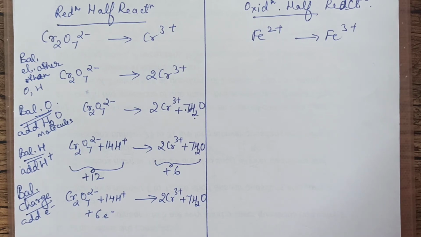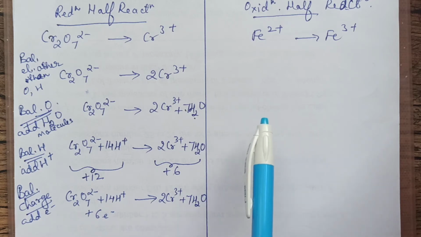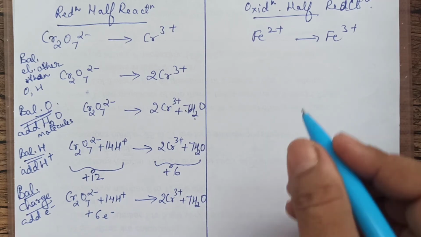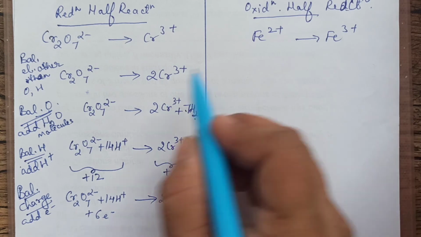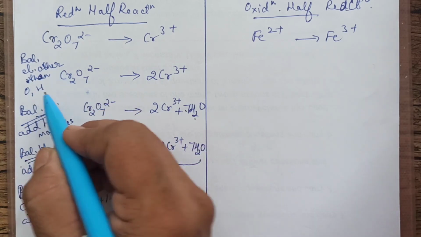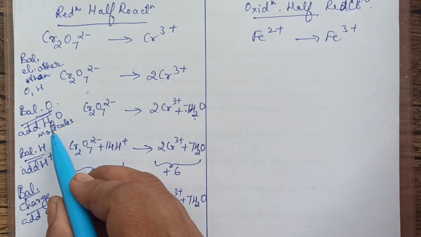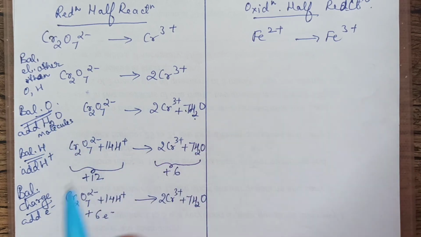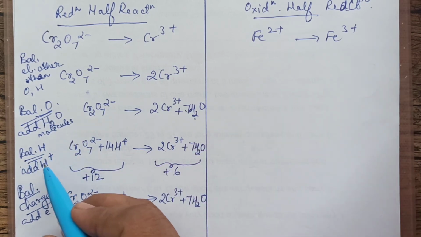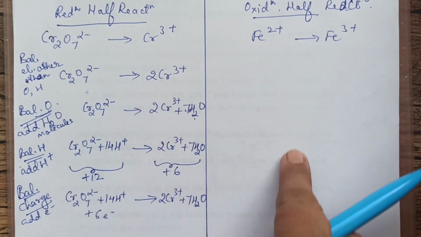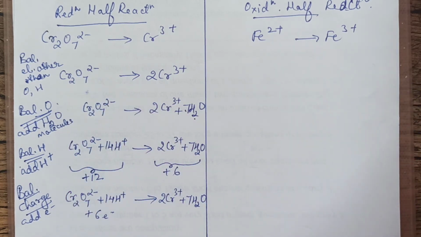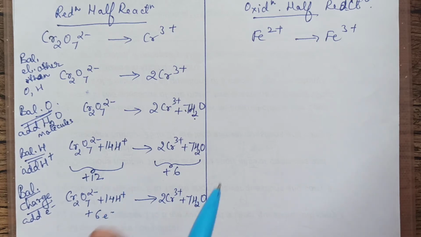Till here first you do, and now you leave it. Now you start on the right hand side. Oxidation half reaction. Elements other than O and H are not present. You have only Fe, so no need for oxygen balancing. There is no oxygen present, no hydrogen, so all these steps can be omitted. Now we have to check the charges.